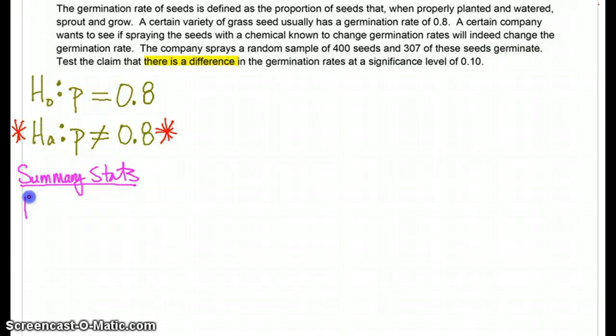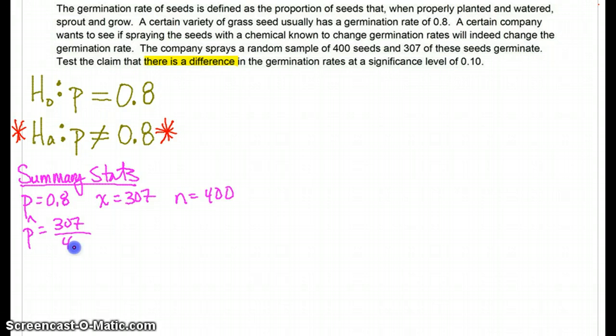We know that P is 0.8. We know that X is 307. We know that N is 400, which means that our P hat value is 307 over 400, which is 0.7675. You may use your calculators on this, obviously.